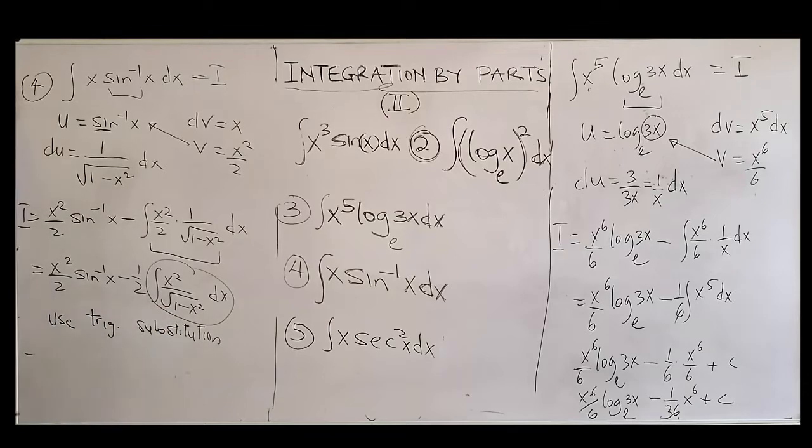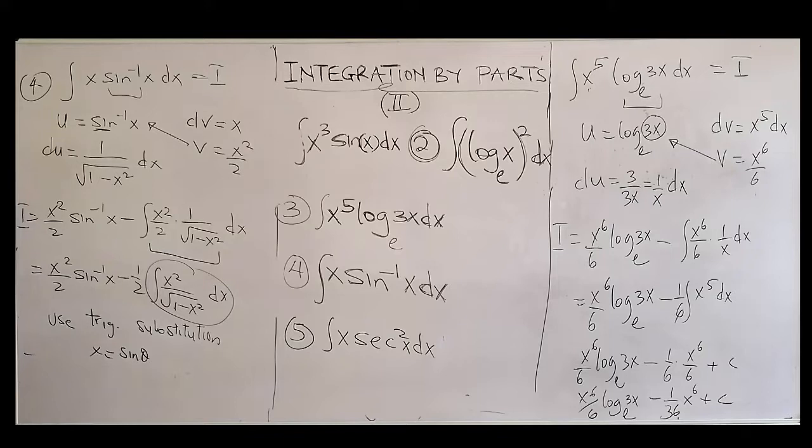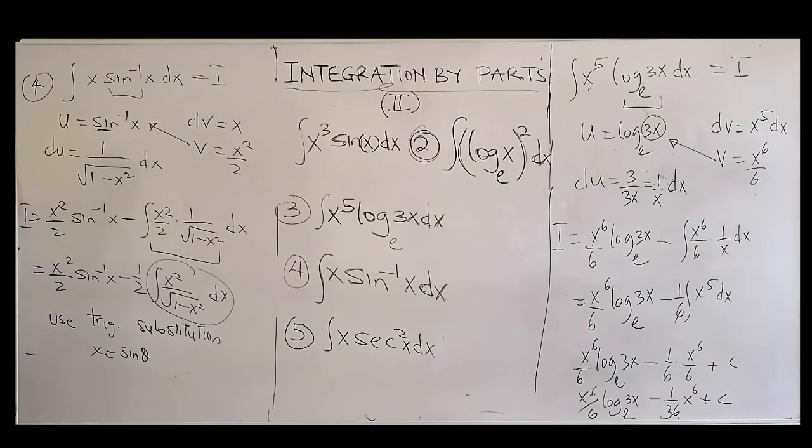In one of my videos I've already shed light on these trigonometric substitutions. So for this one, x will be equal to sine theta. With that, the integral will be equal to, x squared will be sine squared theta, all over the square root of 1 minus sine squared theta.